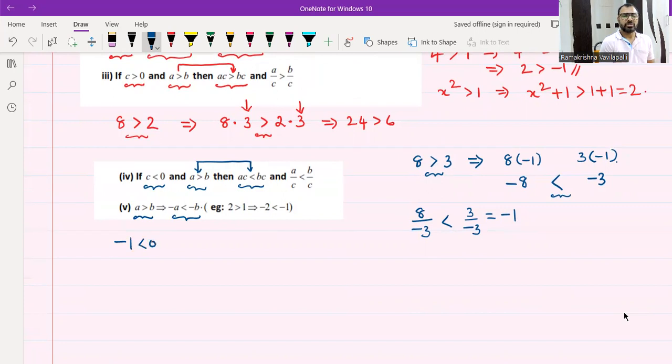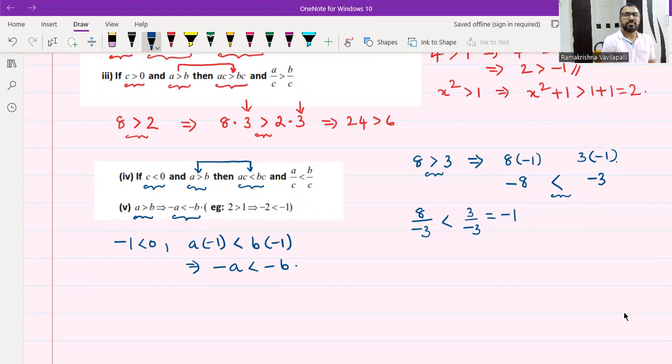So A into minus 1, because we are multiplying by a negative quantity, this greater than becomes less than B into minus 1. So this implies minus A is less than minus B. When a negative quantity is multiplied, the inequality will be reversed.